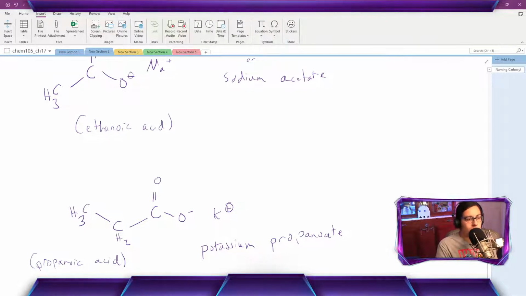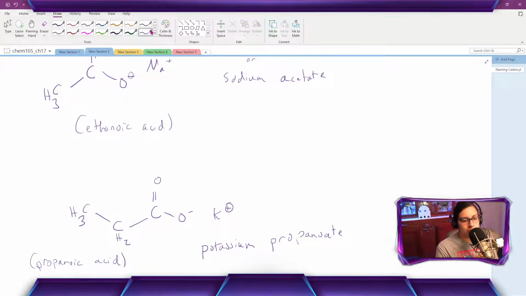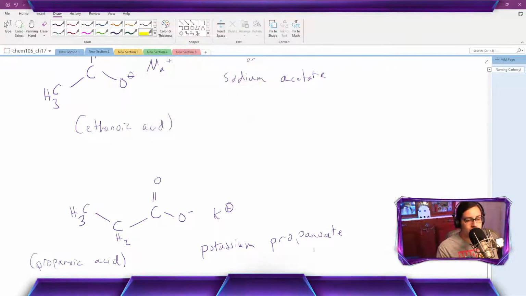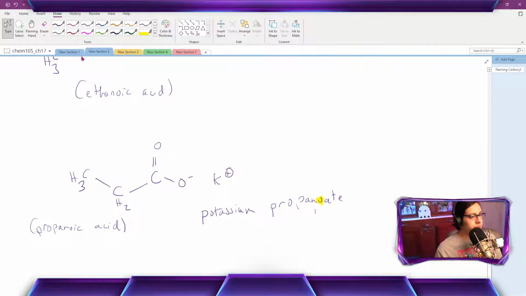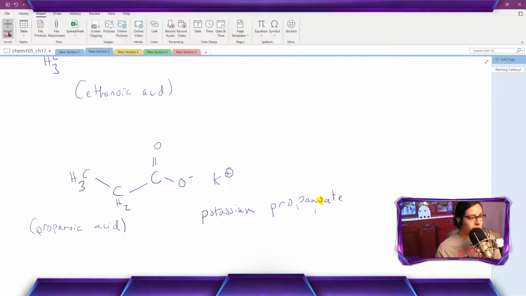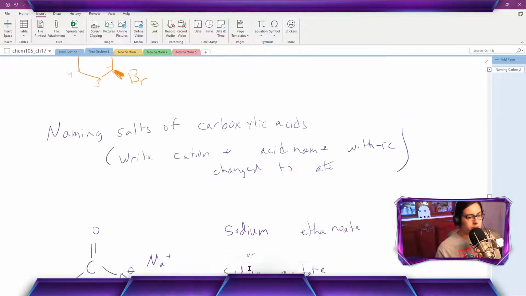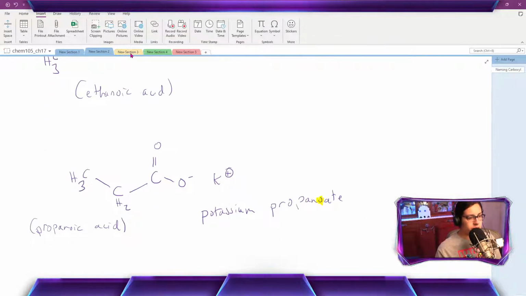So I don't want you dropping that O. That's my emphasis, that the O is kind of important here because that really indicates that it's a salt. All right, let's look at some extra practice. I didn't know naming carboxylic acids would go so long. I was going to put esters on the same page.